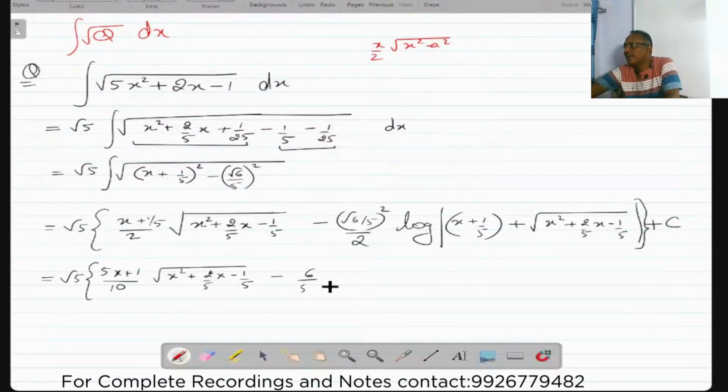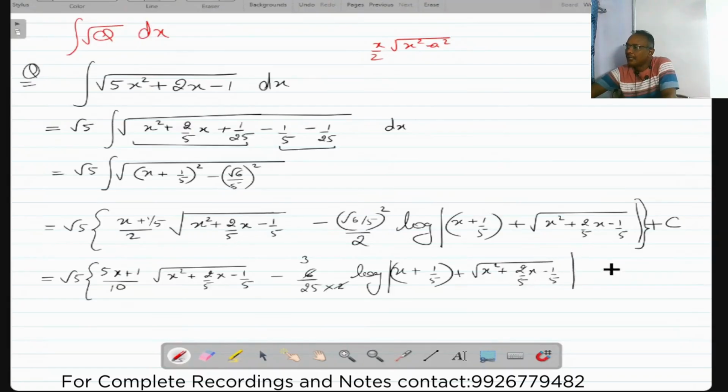So we write 25 and the 2 cancels. Log of x plus 1 by 5 plus root over x square plus 2 by 5x minus 1 by 5, and this should be your answer.